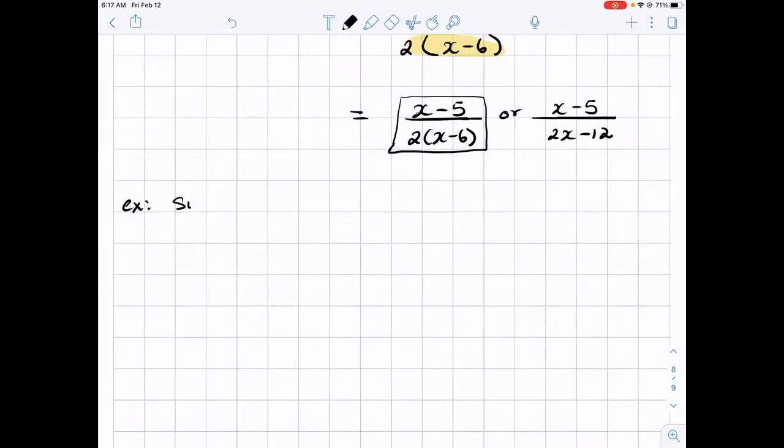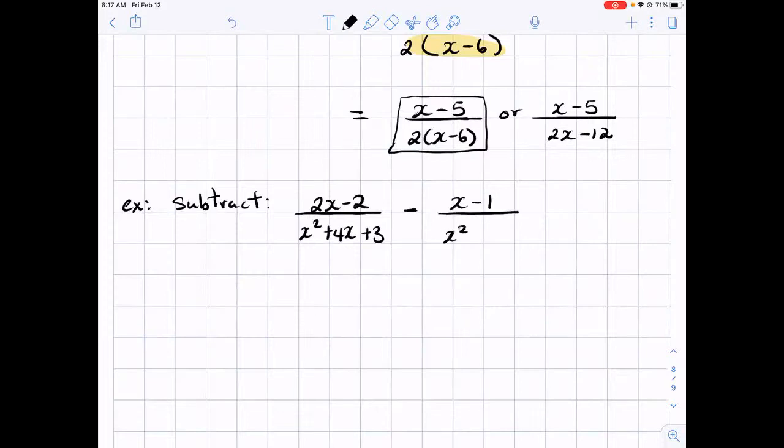Subtract. What if we have 2x minus 2 over x squared plus 4x plus 3, subtract x minus 1 over x squared plus 5x plus 6.